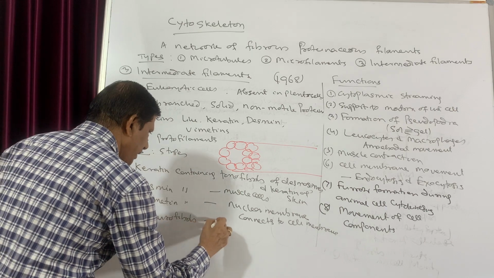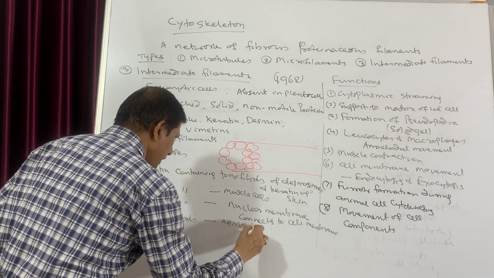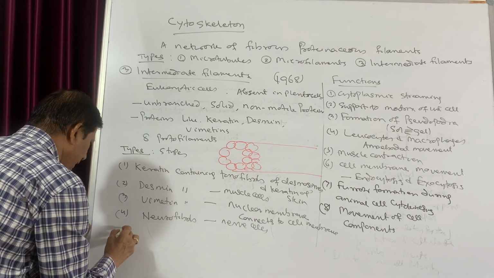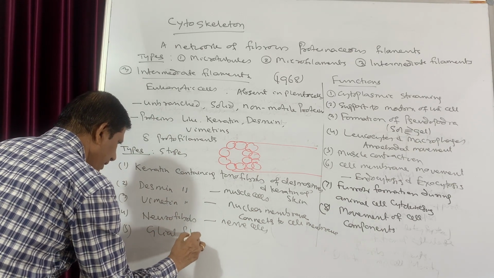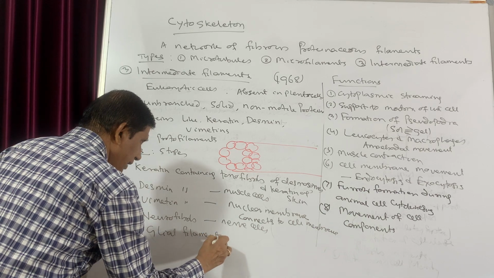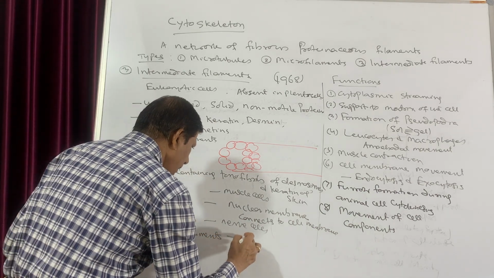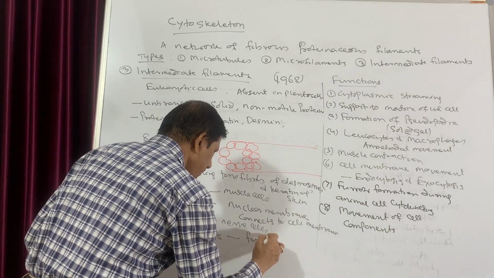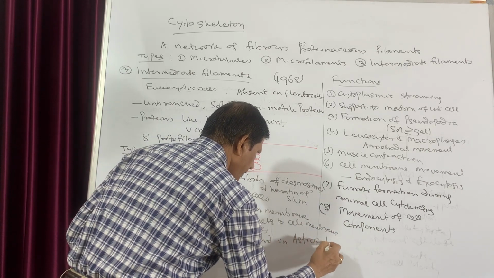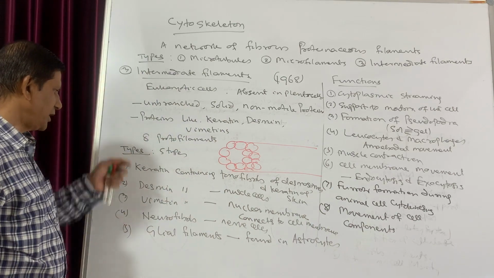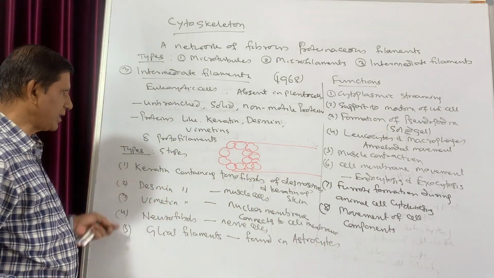These are usually present in nerve cells. And the fifth one is glial filaments. Usually these are found in astrocytes. So this is the structure, and these are the different types.